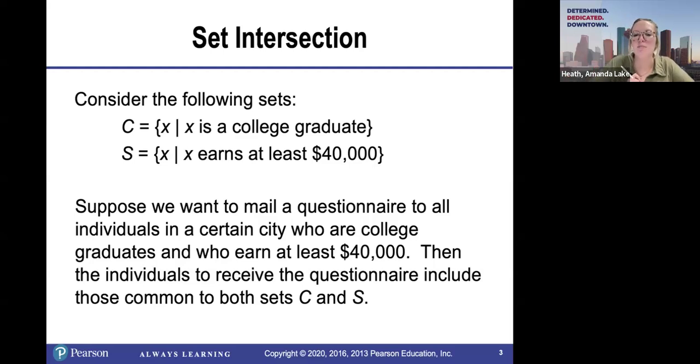Suppose we want to mail a questionnaire to all individuals in a certain city who are college graduates and who earn at least $40,000. That "and" tells us that we are looking at the things that are in common to both sets C and S, which would be the intersection of those two sets.